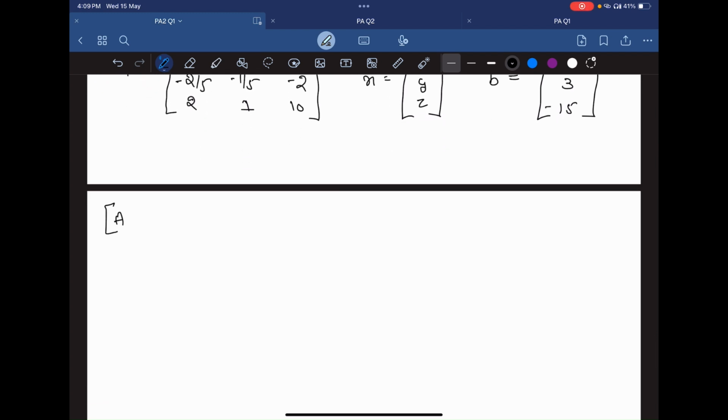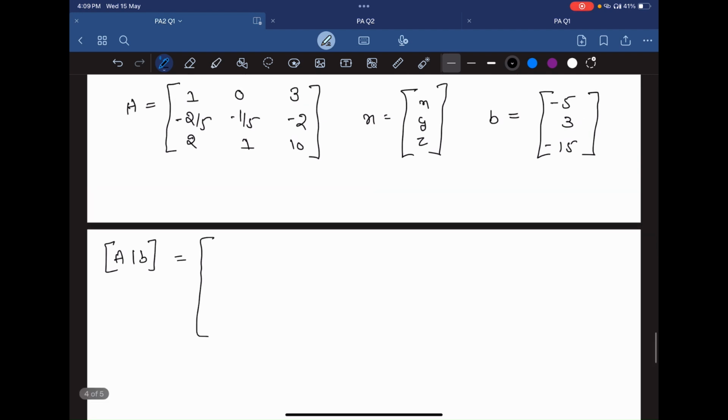Now the augmented matrix would be 1, 0, 3, minus 2 by 5, minus 1 by 5, minus 2, 2, 1, 10, and here minus 5, 3, minus 15.